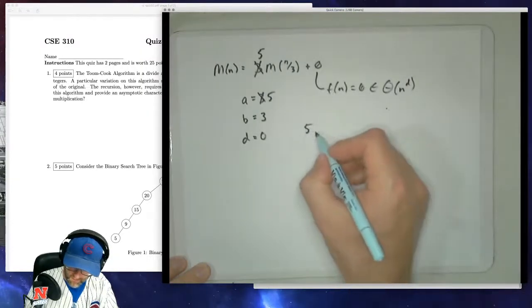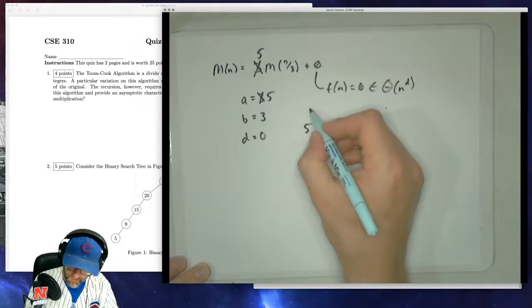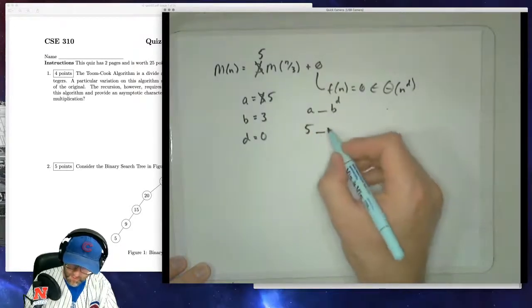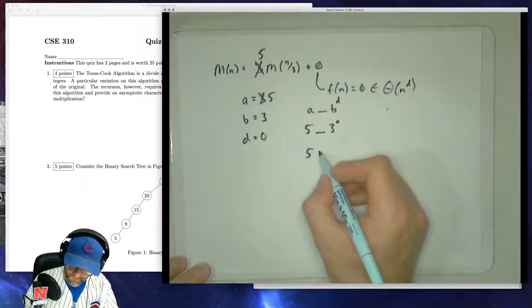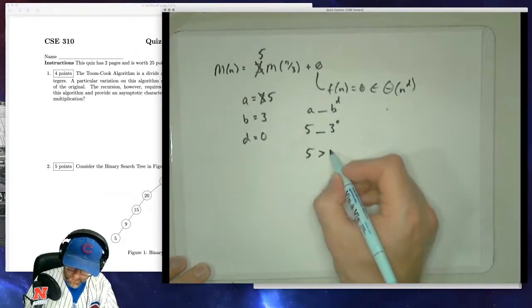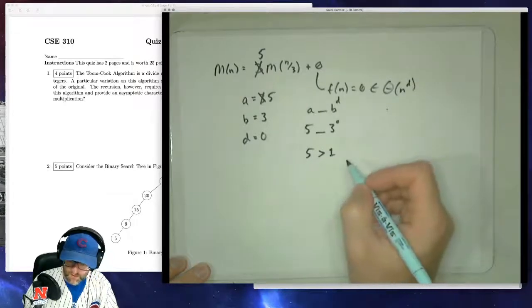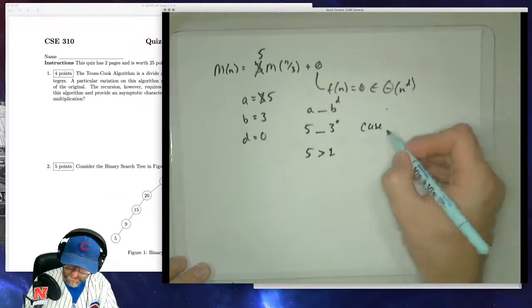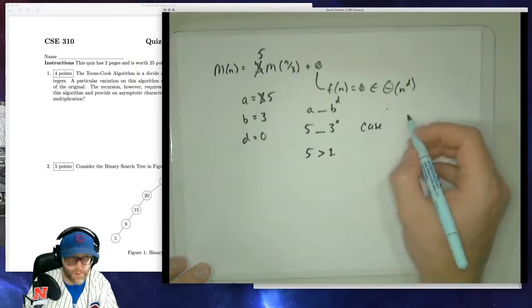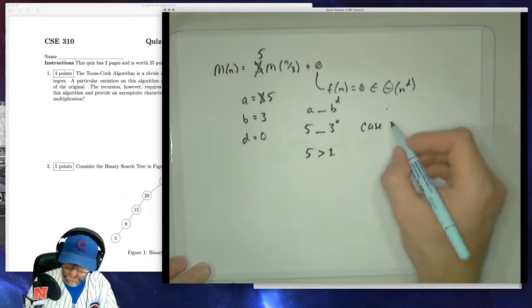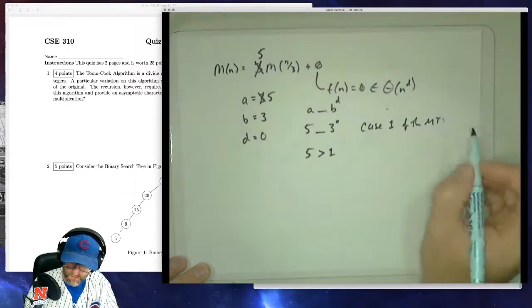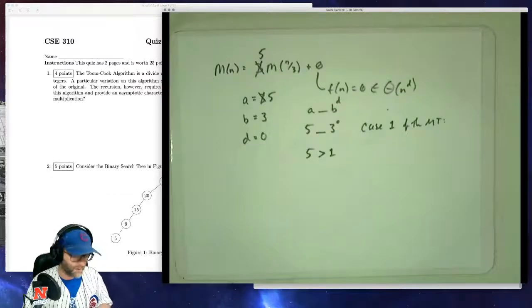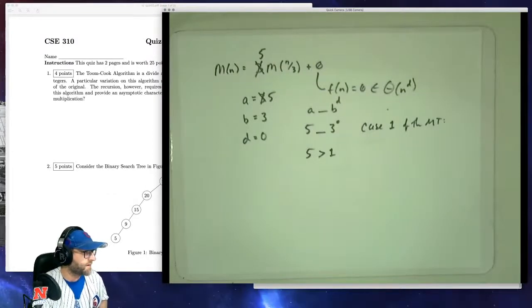So 5 versus, remember, a versus b to the d for the master theorem. 5 versus 3 to the 0. Hopefully you can come up with that 5 is greater than 1. So by case 1 or 2 or 3, I forget which now, by case 1 of the master theorem, and this is why it's open book, open note, open computer.